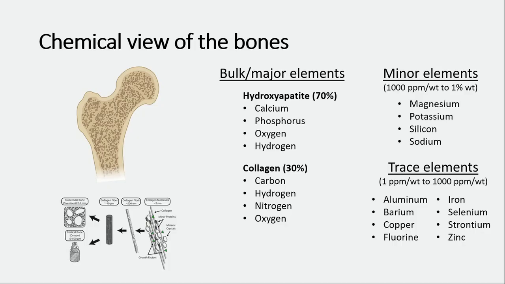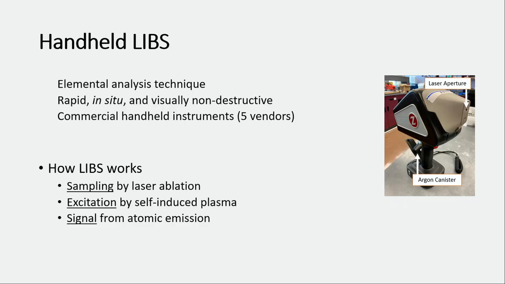And we see that there's a lot of elements that we need to take into account, and the concentrations can go down to the ppm in weight. So we need something that's sensitive, and we need something that is very broad in its sensitivity. So for this, we want to use LIBS. Why that? There are several reasons.